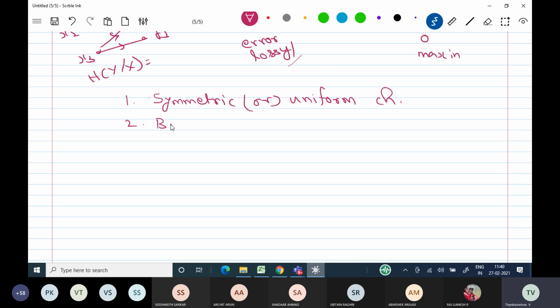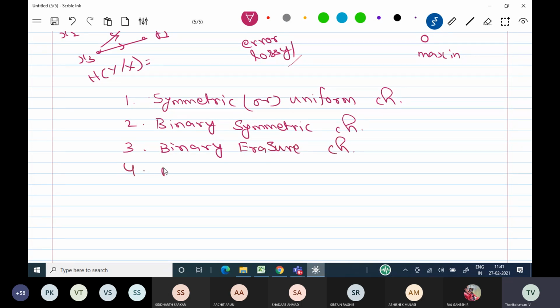Second is the binary symmetric channel. Third is the binary erasure channel. Fourth is the noiseless channel. Fifth is the deterministic channel.